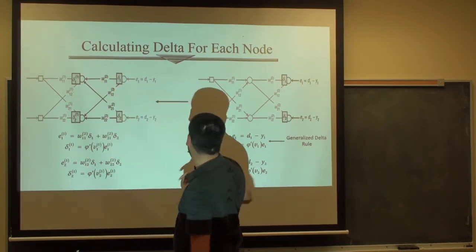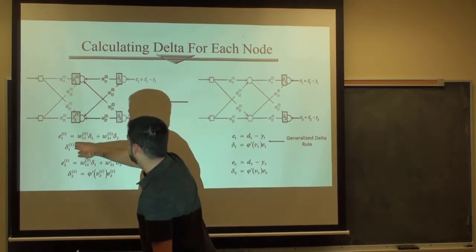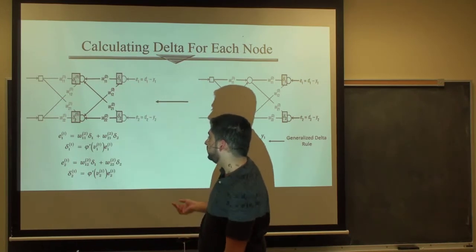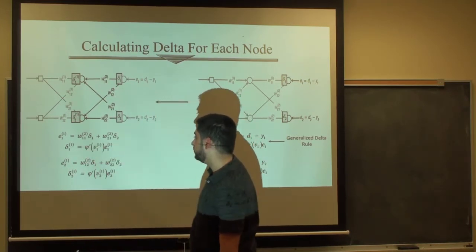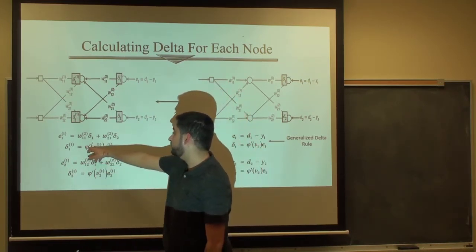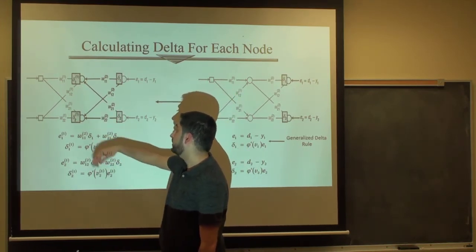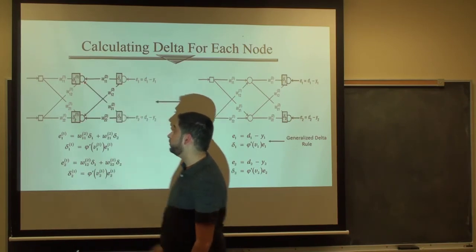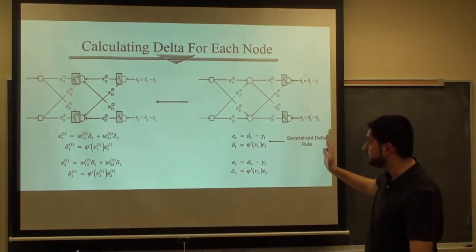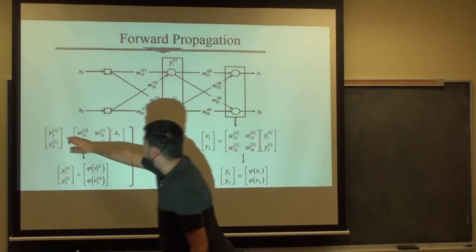We get an error for this node. And then we take this E, or the error, and do the same thing, apply it to the delta rule equation, and we use the derivative of our activation, and we use this V, the value for that node we got from the forward propagation, or the first pass we did, which is this value.